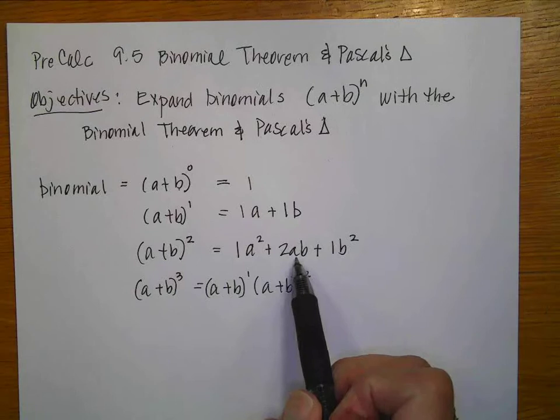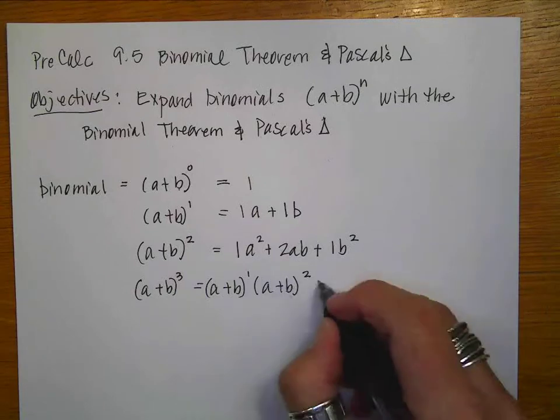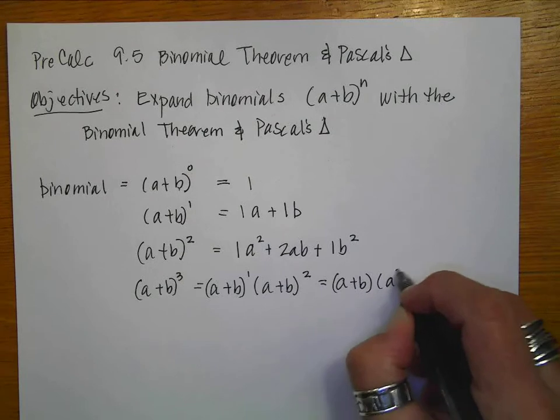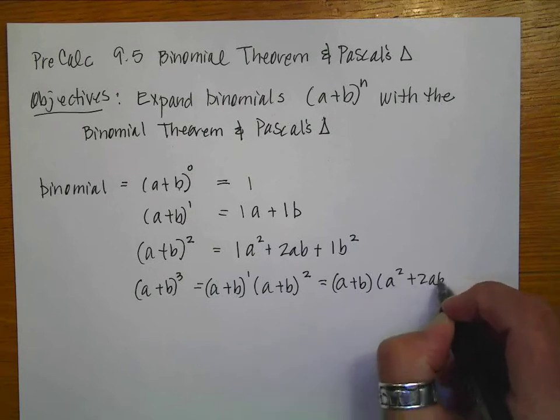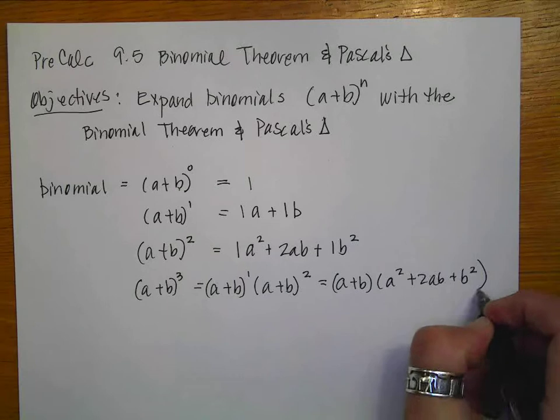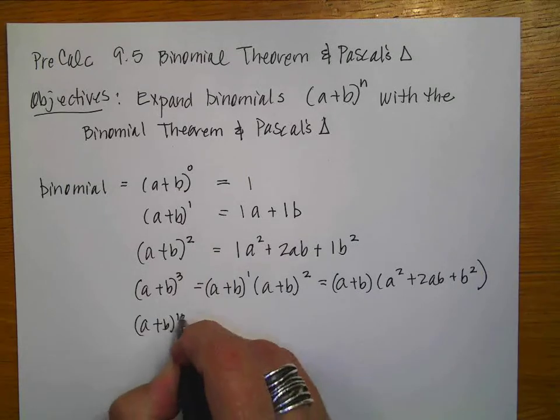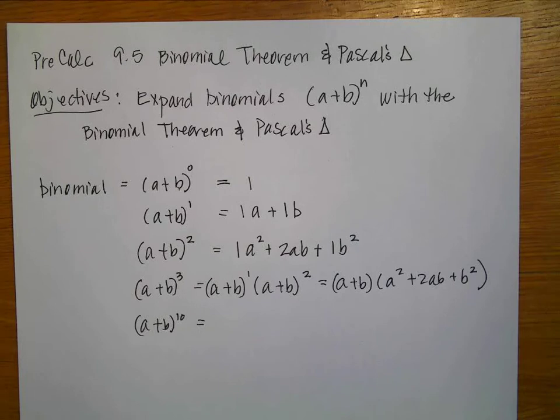Well, I know this one and I know this one, but that's going to end up getting a little crazy because that's going to be a plus b times a squared plus 2ab plus b squared. And then what if I wanted to do a plus b raised to the 10th power? Oh my goodness, we could be here forever.